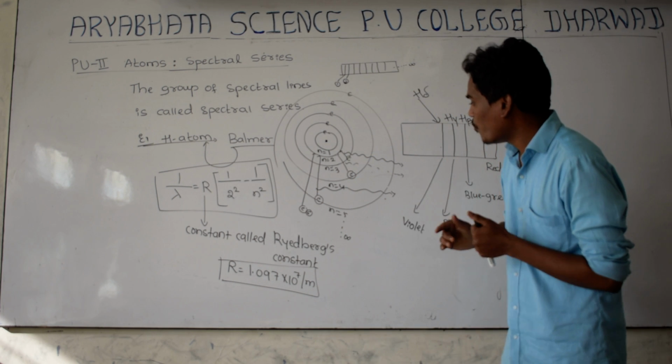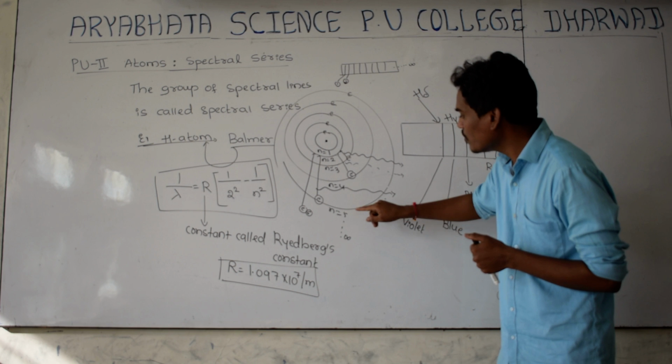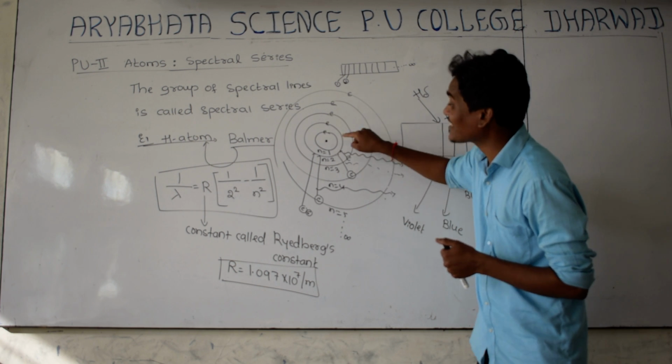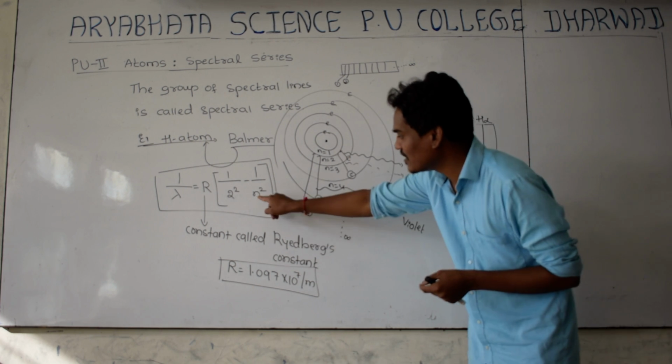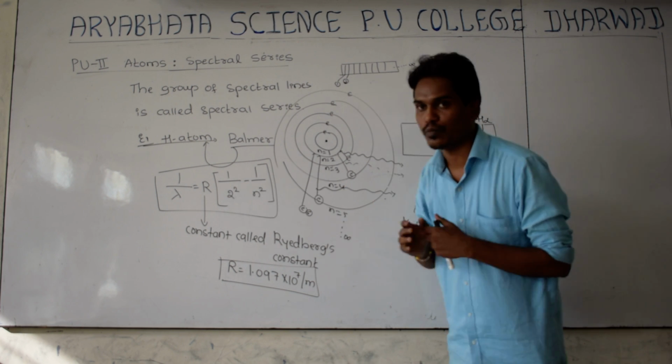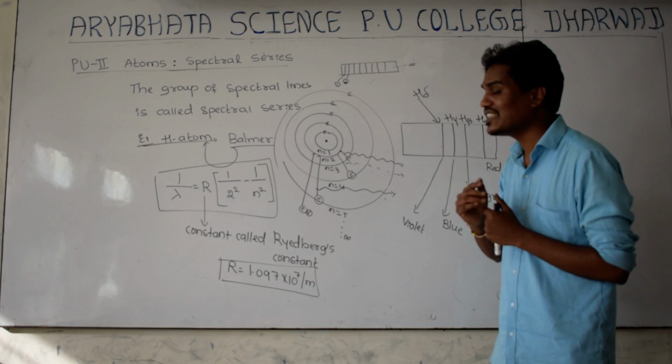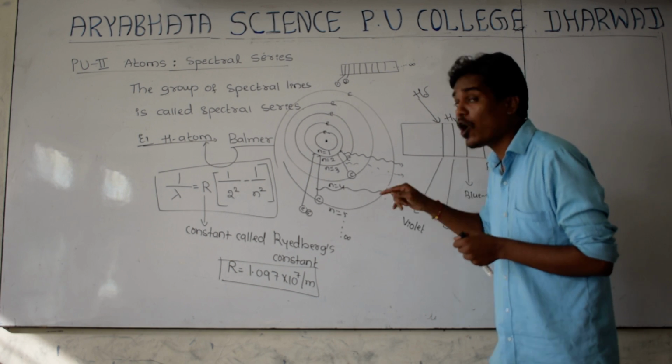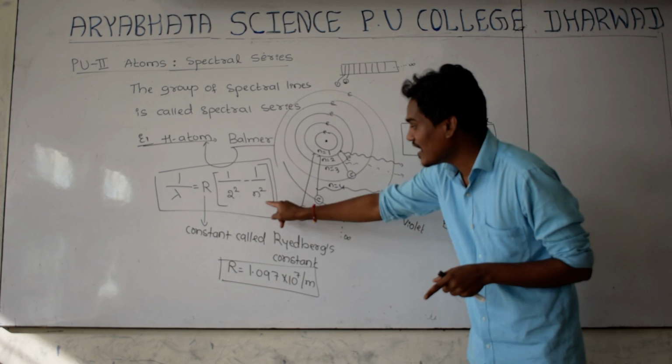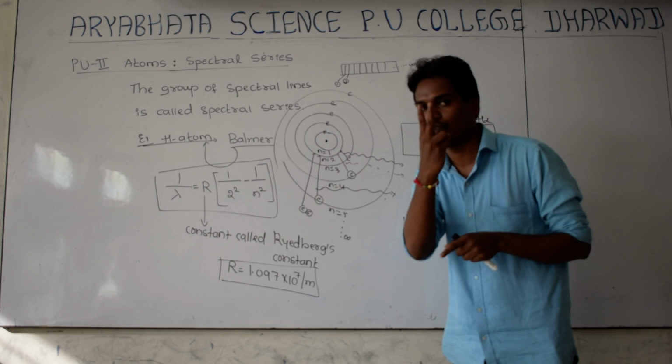Whenever the electron is jumping from the fourth orbit to the second orbit, take this as 4 and this as 2. From the fifth orbit to the second orbit, take it as 5 and 2.